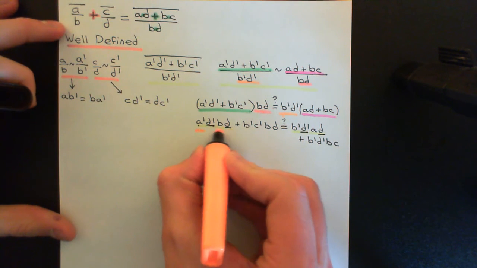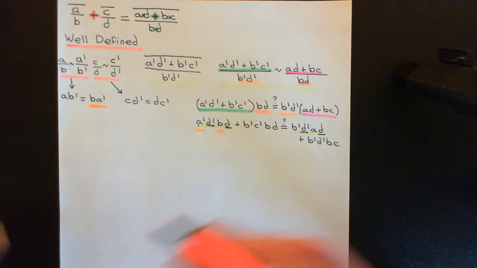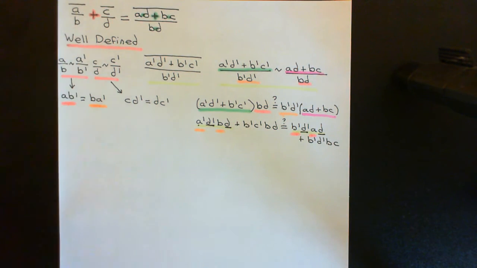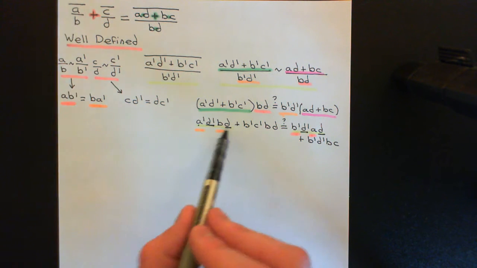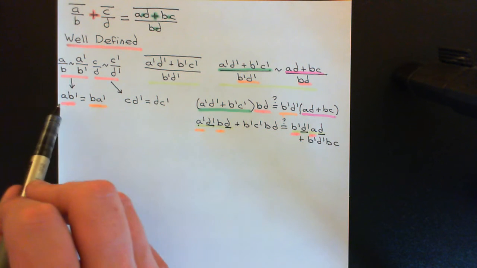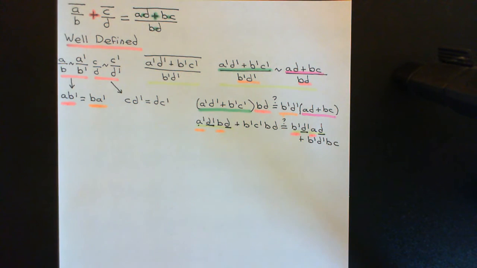So A prime times B is this side here, okay, and on the other side we've got B prime times A, that's that side there, okay, so just by substituting in for A prime times B here, and I'm just applying commutativity and associativity of multiplication here, I can substitute in A times B prime and therefore turn this one into that one. Okay, so this portion is exactly the same as that one because of this condition here.